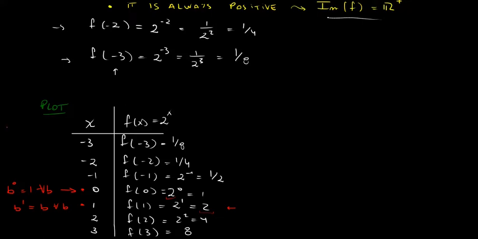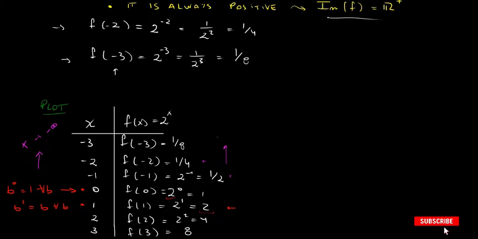Another thing to notice is what happens when we go in that direction, I mean when x goes towards minus infinity. So this is when x takes big numbers but negative. Well, the function in minus 1 is 1/2, in minus 2 is 1 over 4, in minus 3 is 1 over 8, and so on.